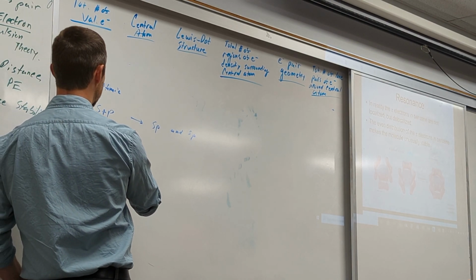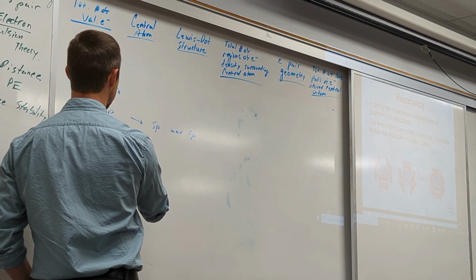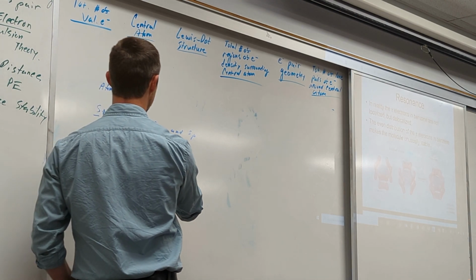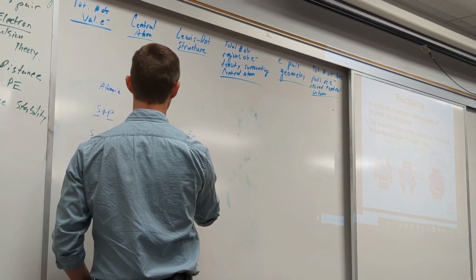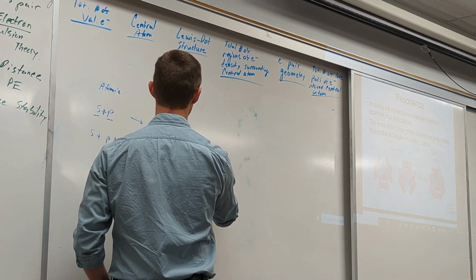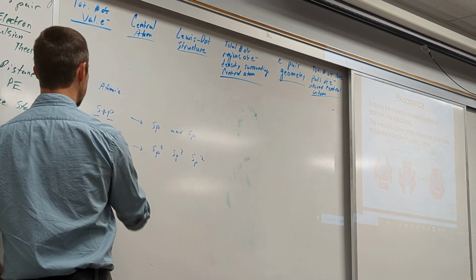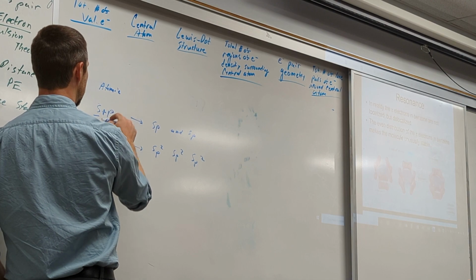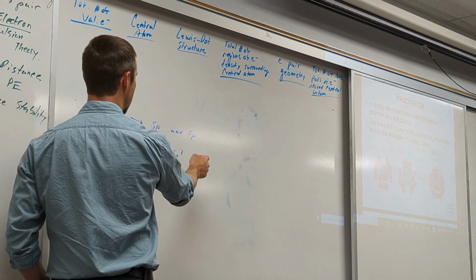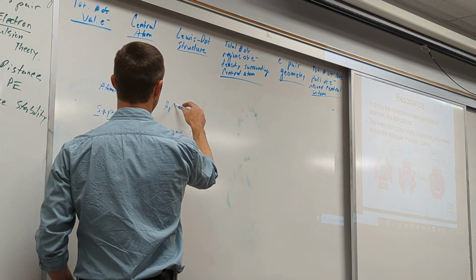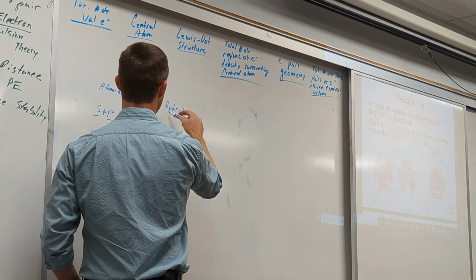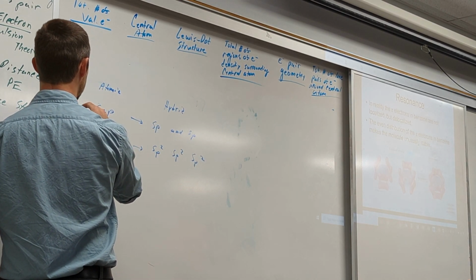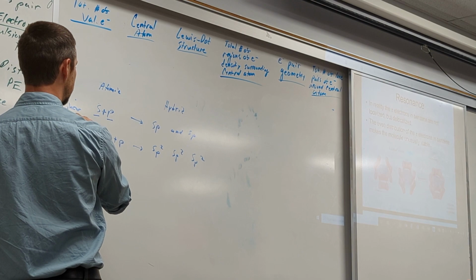If you have S plus P plus P, that's 3 atomic orbitals. You create sp2, sp2, sp2. So this is 2 atomic orbitals, and 1, 2, 3 creates 3 hybridized orbitals. Keep this as linear, keep this as trigonal planar, and the other one is tetrahedral.